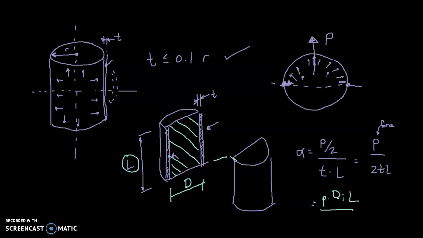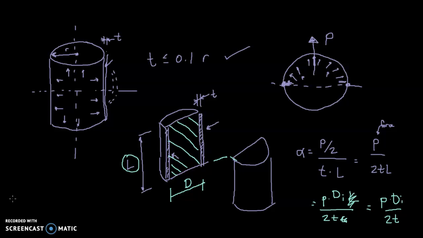So p times D L is the pressure times this area, divided by 2TL. And then the L's cancel out, and I'm left with p times D_i over 2t.